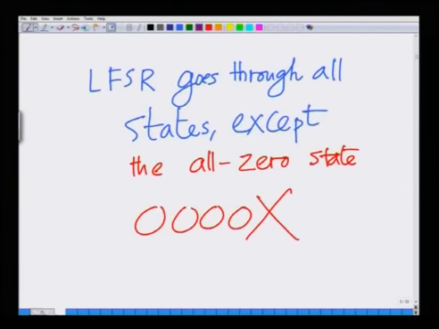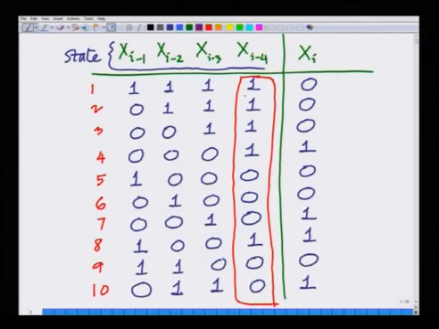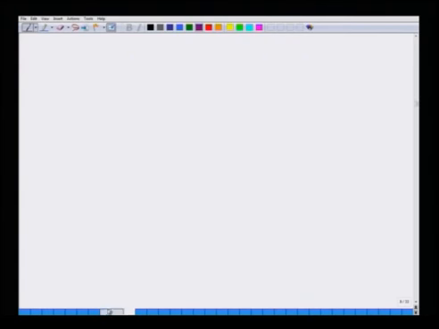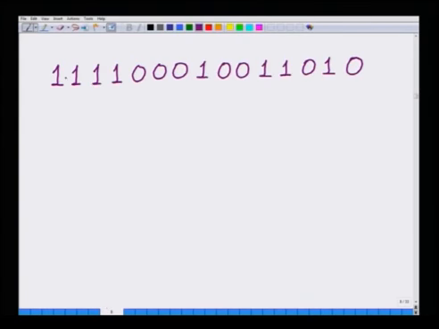You can verify this from this table. If you take these outputs together, that is xi minus 4, for one period, that is the PN sequence over here.